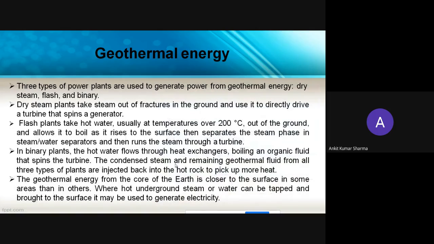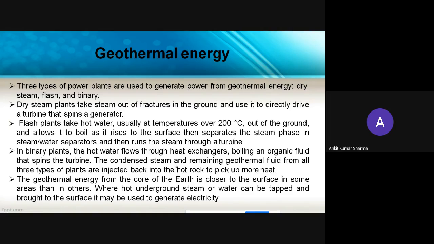There are three types of power plants used to generate power from geothermal energy: dry steam, flash, and binary. In the dry steam plant, we get the steam from the production well. In the flash plant, we use the hot water, the hot spring from the earth crust.